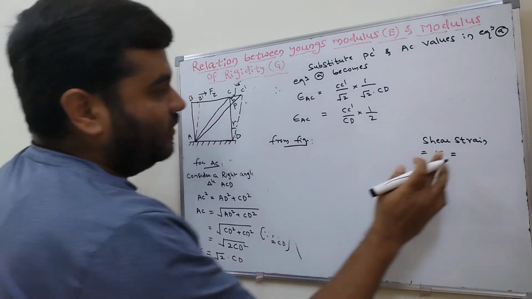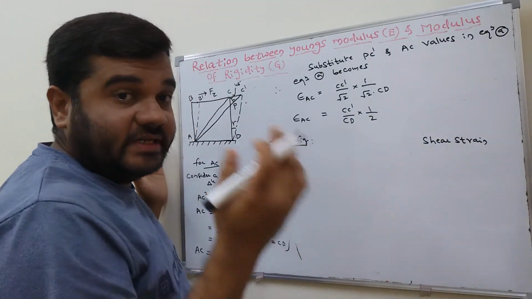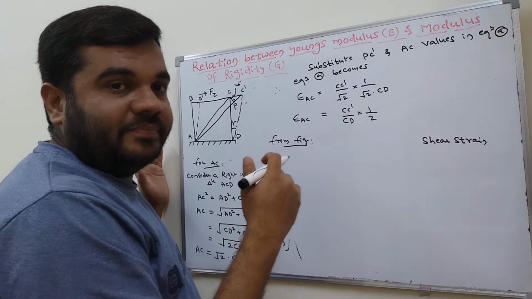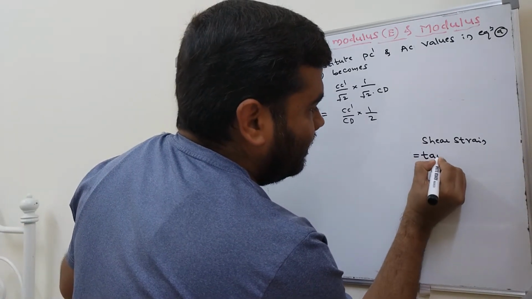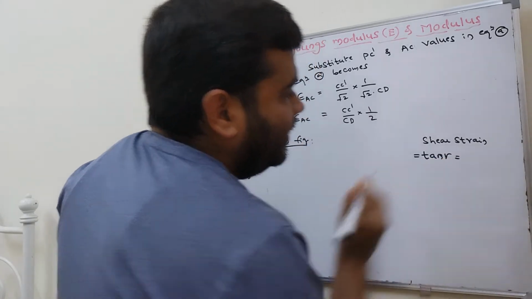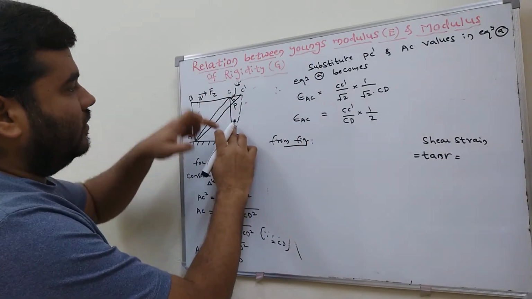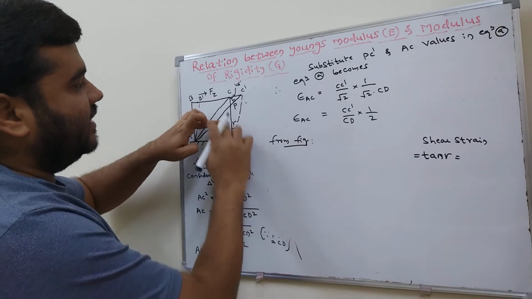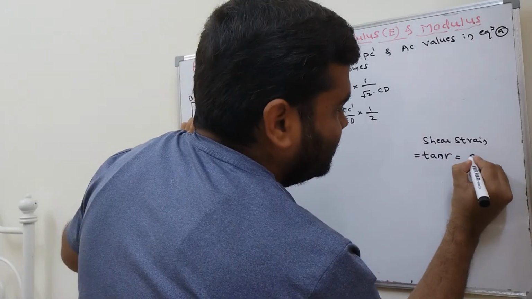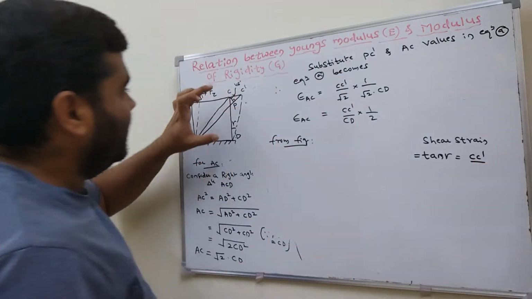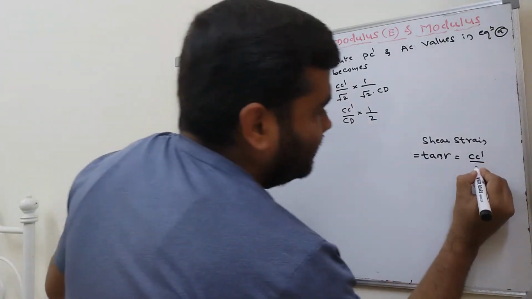So this I denote normally by tan of gamma, that is the general formula. I am explaining here, tan of gamma equal to opposite by adjacent side, because this is 90 degree, opposite is CC dash divided by adjacent side CD.